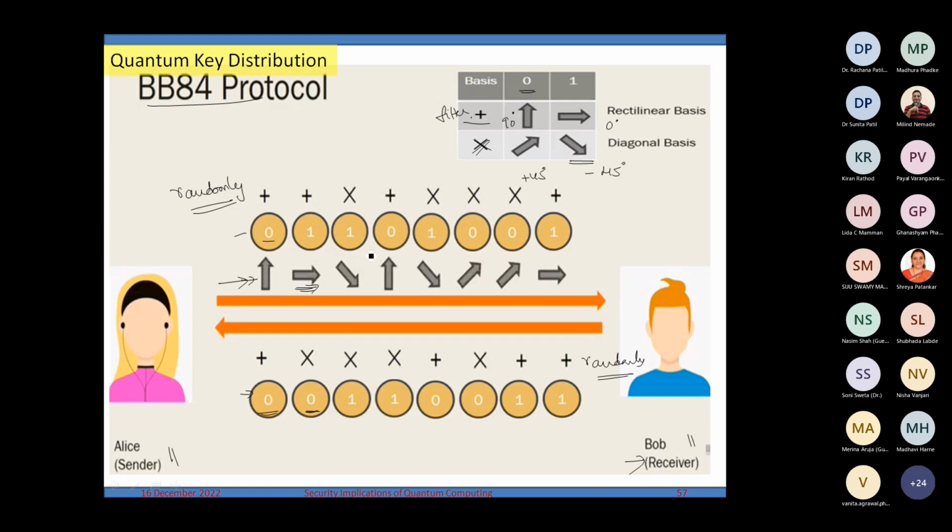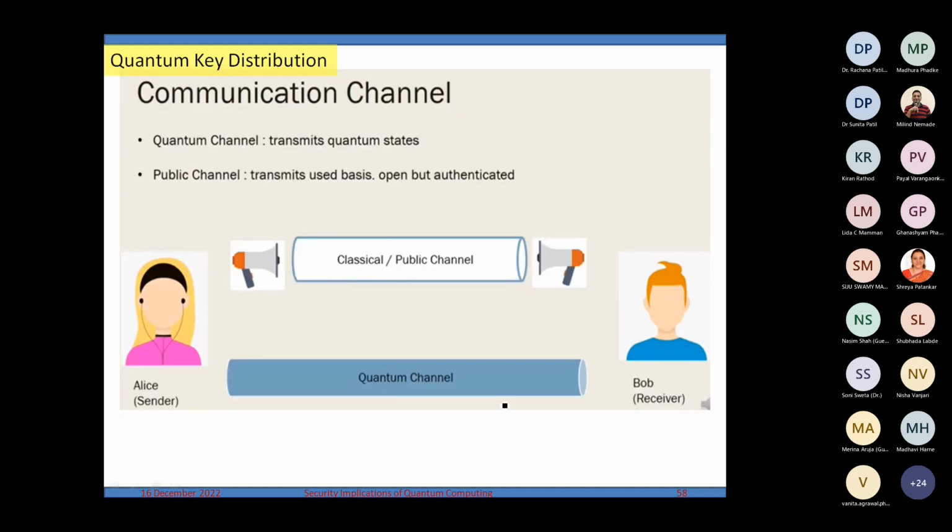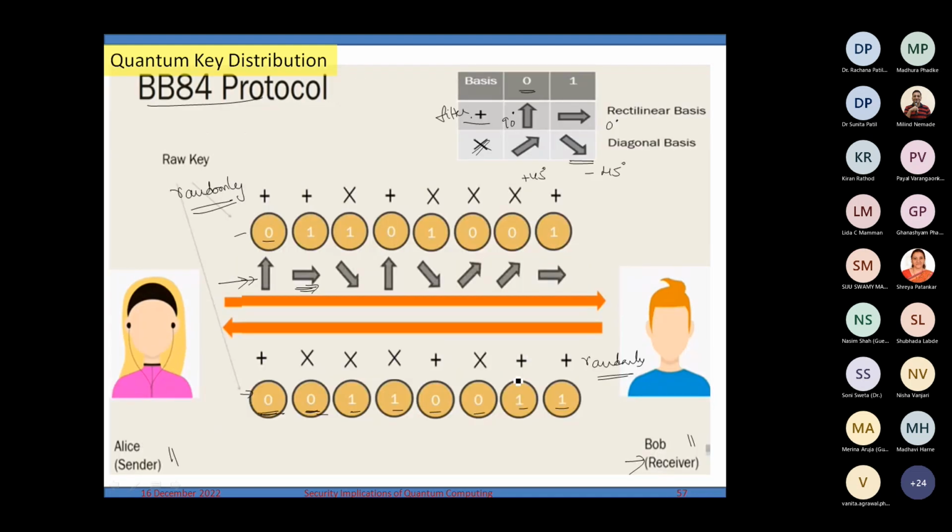Similarly, for every bit you can check the corresponding states that Alice has sent, and when Bob has applied the filter, what bits Bob has received. Now the point is, Bob will announce the filter he has applied and ask whether it is correct. This announcement happens in the classic channel.